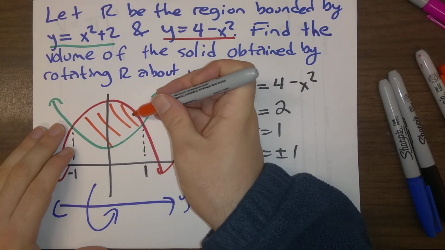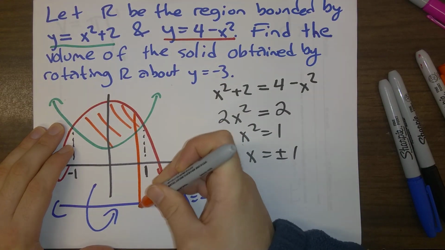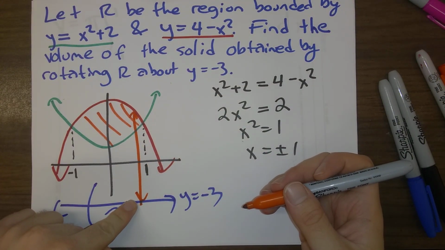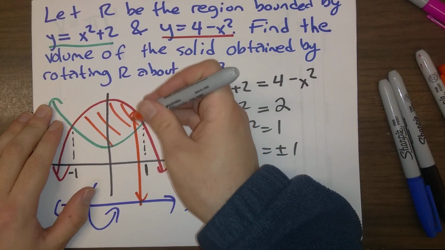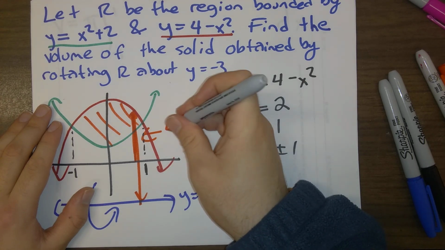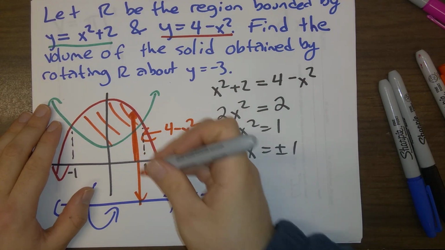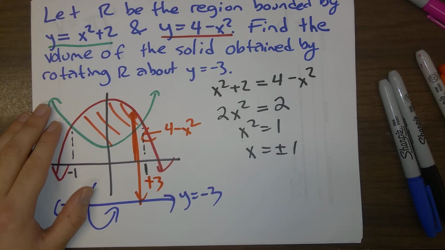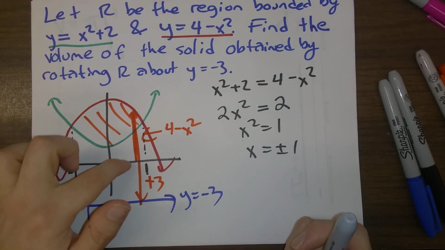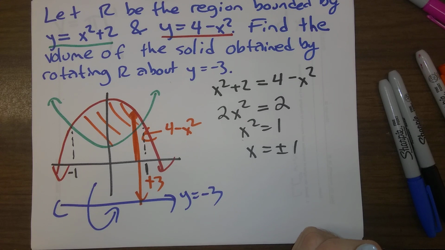So R out, the outer radius, is going to be all the way from here all the way down to here. Now, this part is just going to be 4 minus x squared, but then we add on 3 more down here because we're rotating around not y is equal to 0, but y is equal to minus 3.